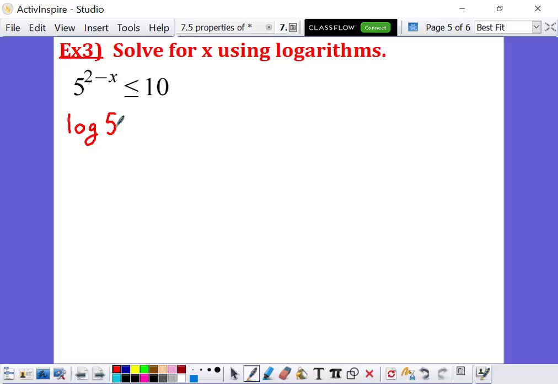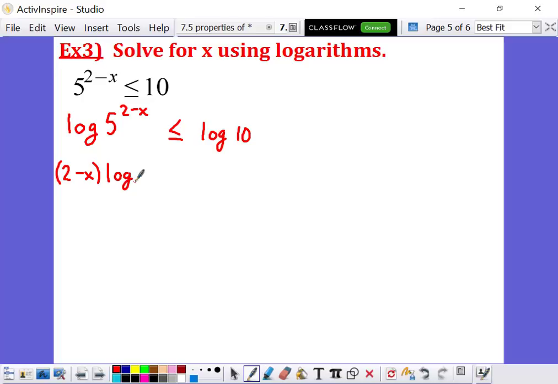So that's the log of 5 to the 2 minus x less than or equal to log of 10. What I can do is take 2 minus x and slide that out in front using the power property of logs.